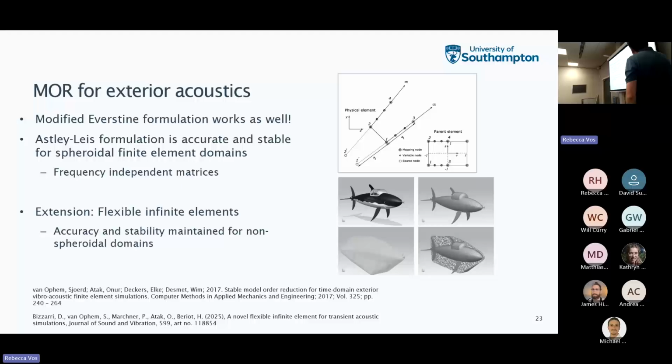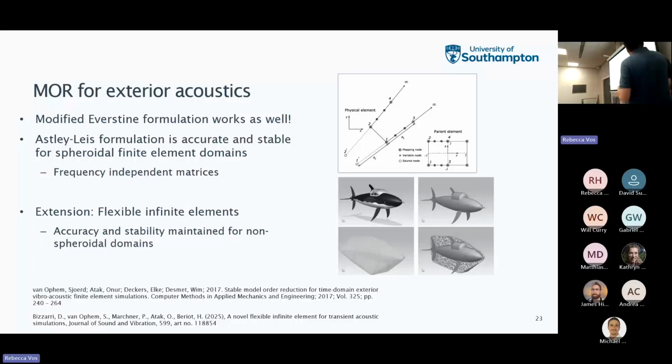Recently we extended this formulation, work I did together with some people at Siemens, to build a very compact, convex truncation layer around an object, for example this 1010 submarine. And we can solve it with infinite elements that are closely placed around this submarine.